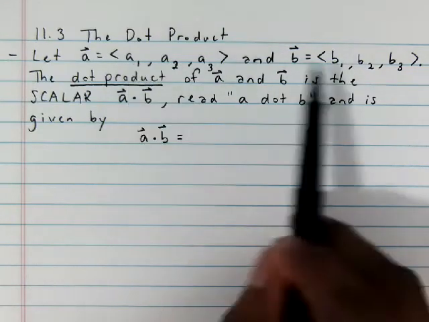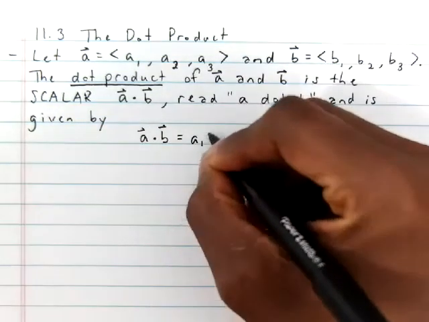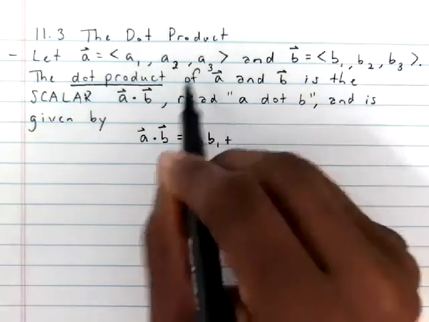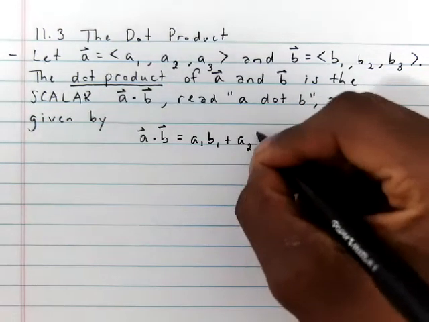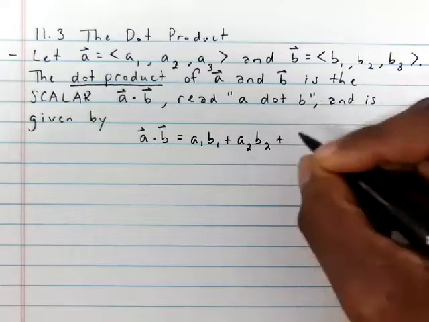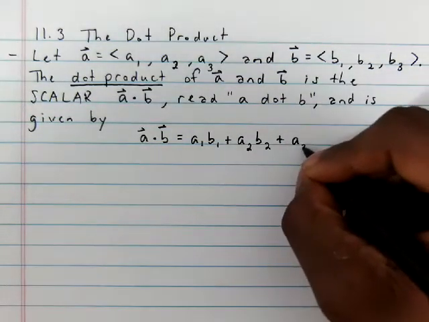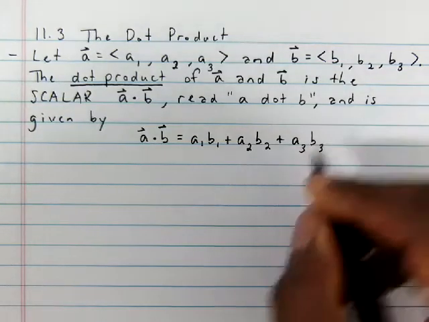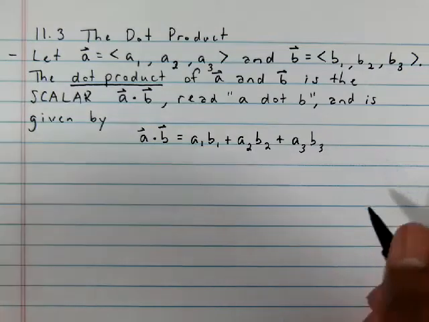So we're going to do A1 times B1, so A1, B1, and then plus A2 times B2, and then plus A3 times B3. And notice this will just be some number. So that's why our dot product is a scalar.